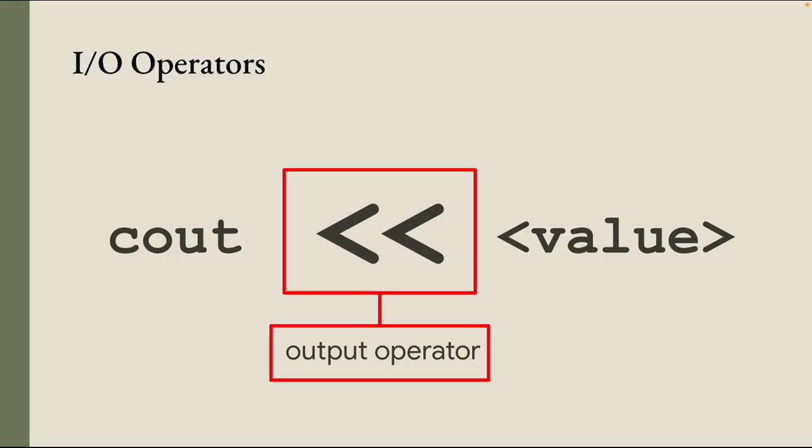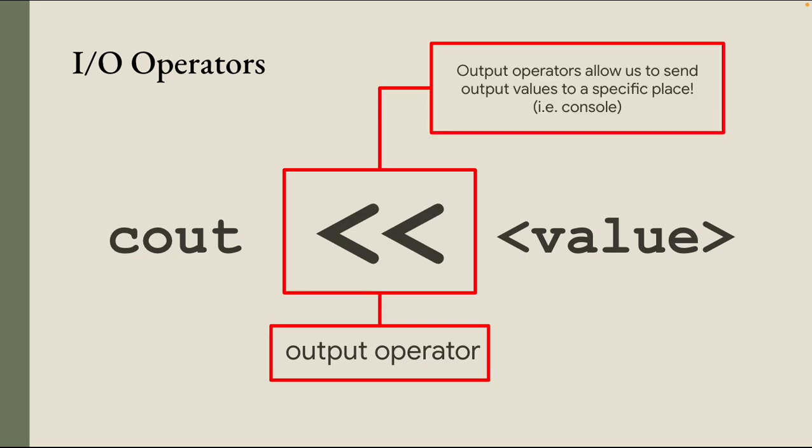This could be a variable, a raw value, could be inline. It doesn't matter. We have our output operator in the middle. And this just tells C++ to send whatever this is to the console, or the terminal window, which is what you normally see when you run it in AirStem. Output gets printed out right there.